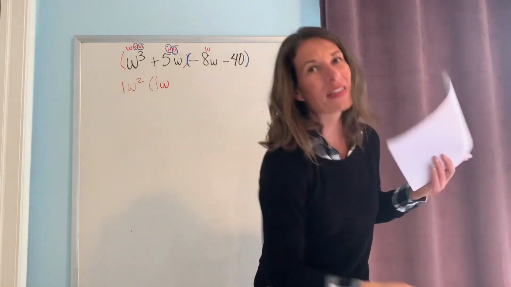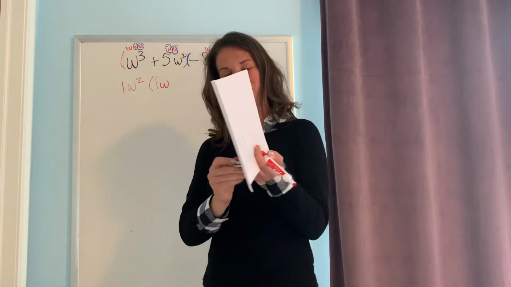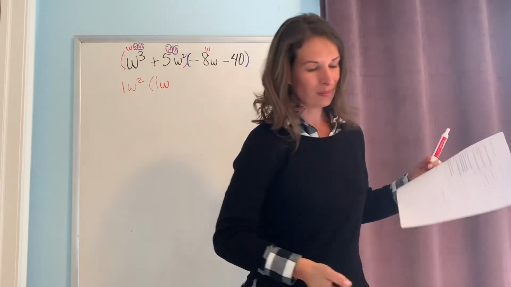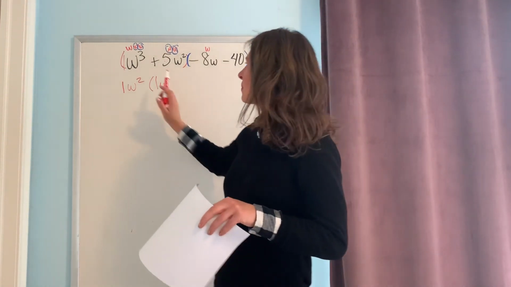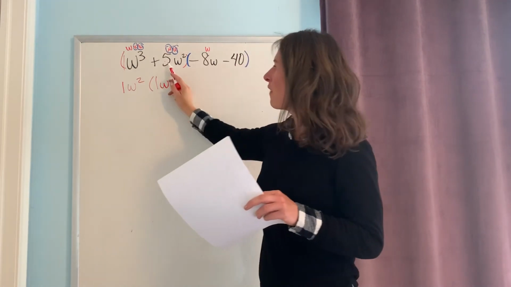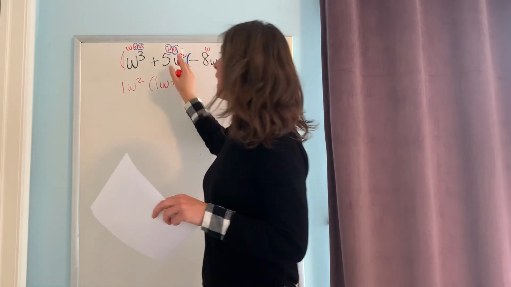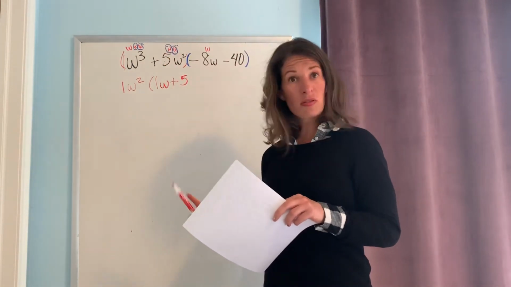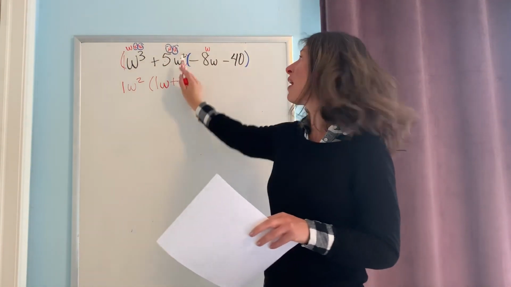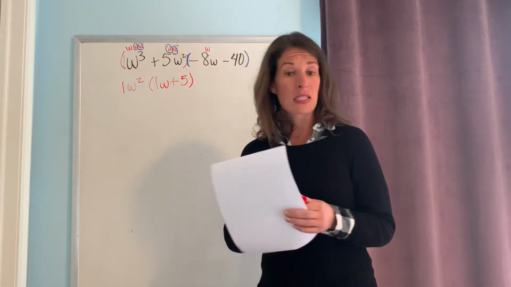I was just reminded that my 5W needs a squared next to it. So I have a plus. 5 divided by 1 is going to be a 5. I had 2 W's. I took 2 W's out, which means that I don't have any more left that aren't circled. So I end my parentheses.